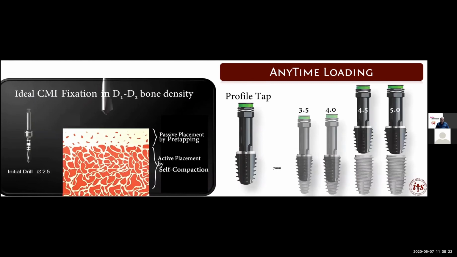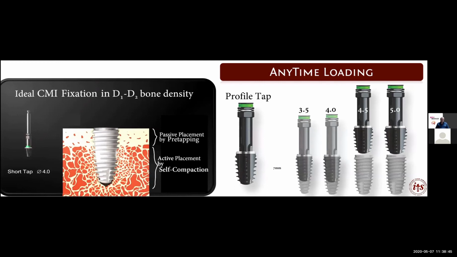To establish ideal fixation in D1 or D2 bone, there is pre-tapping in the cortical bone and self-compaction within the cancellous bone. Preparation for a 4 by 10 millimeter implant begins with the 3.5 drill to the full length, followed by the 2.9 drill.